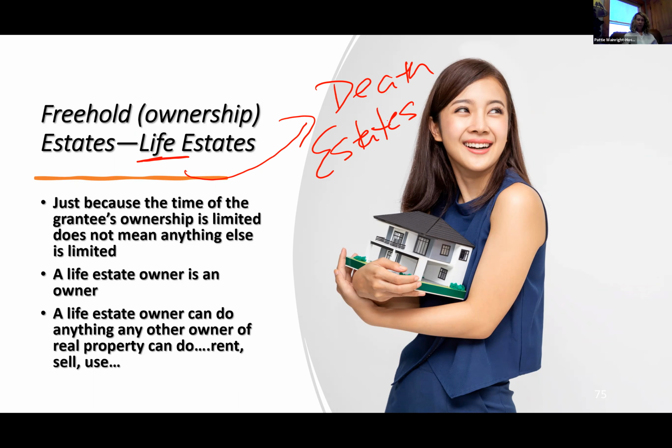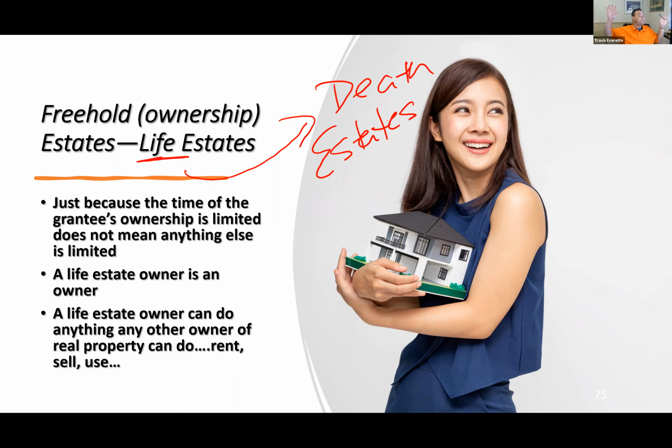Because the time limitation that the grantor has put on Patty is going to be based on somebody dying, not necessarily Patty, but somebody. The grantor has given Patty ownership until somebody that the grantor chooses.